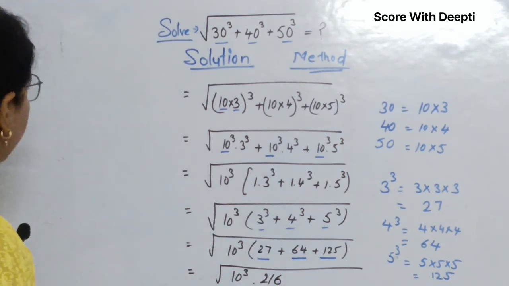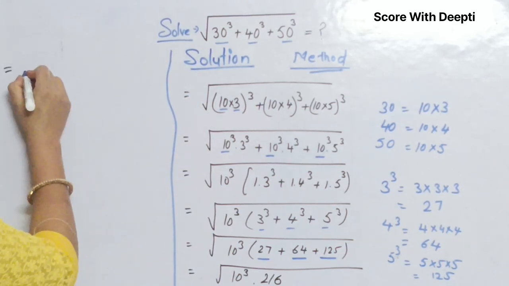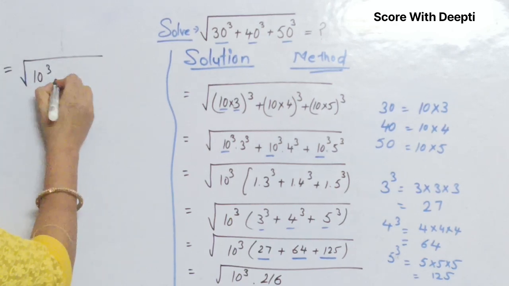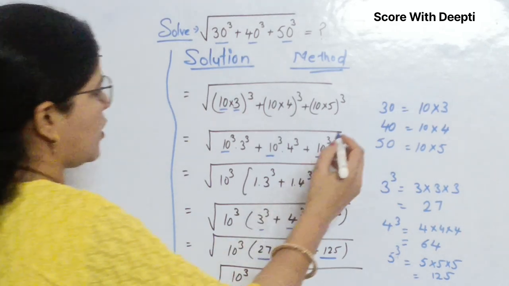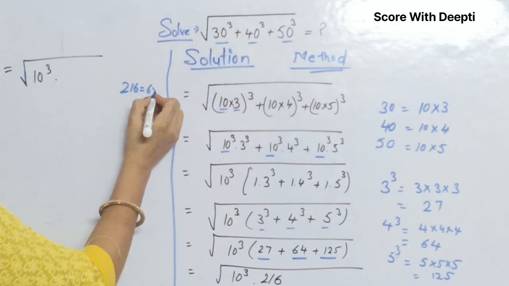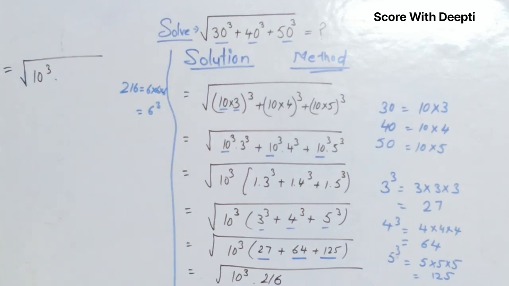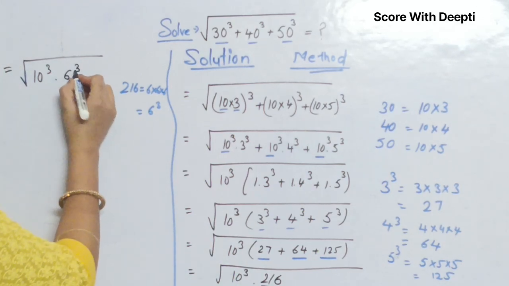Now our next step will be, first we write square root under 10 cube into, in place of 216, 6 multiply 6 multiply 6, means 6 cube. Now in place of 216 we will write 6 cube.